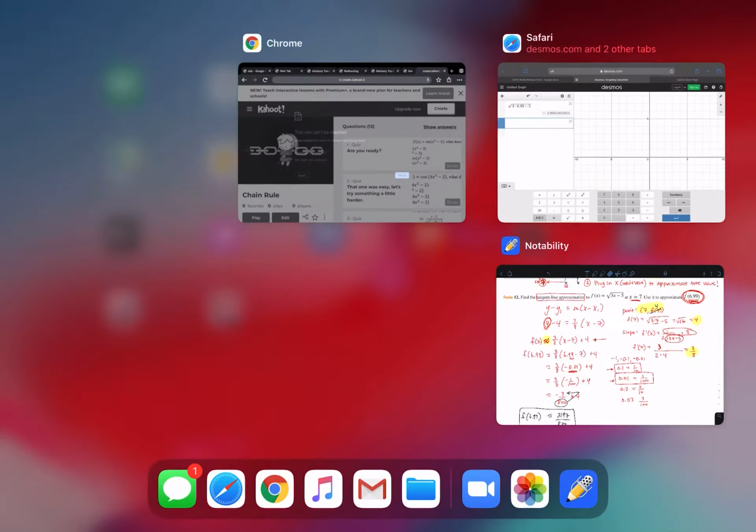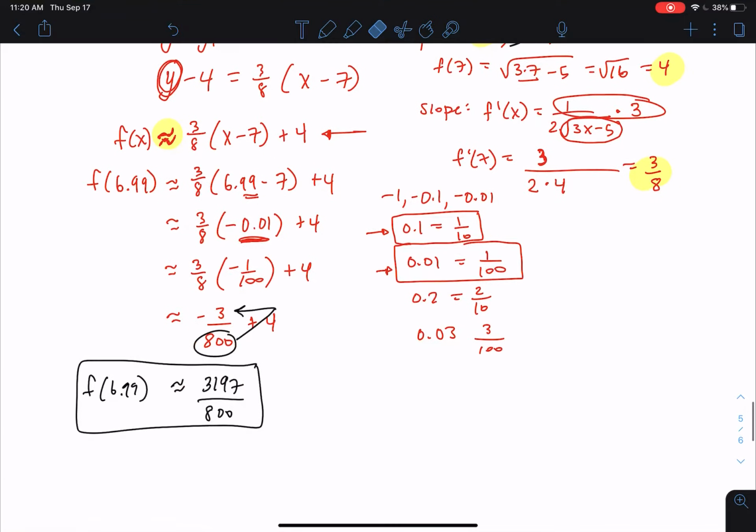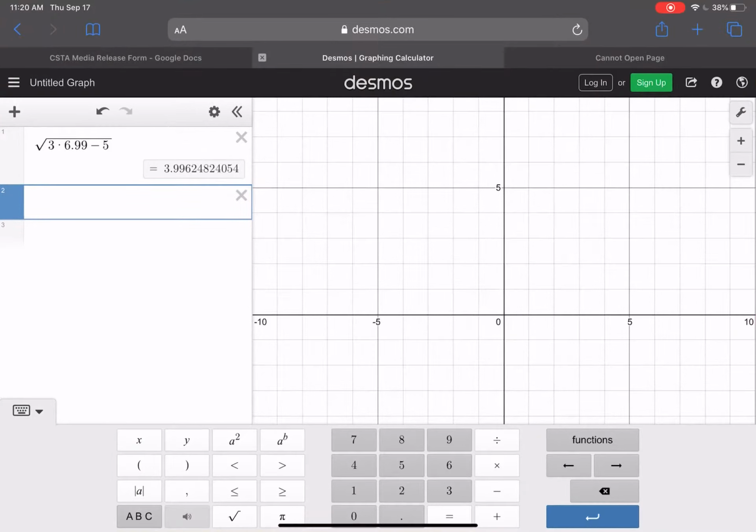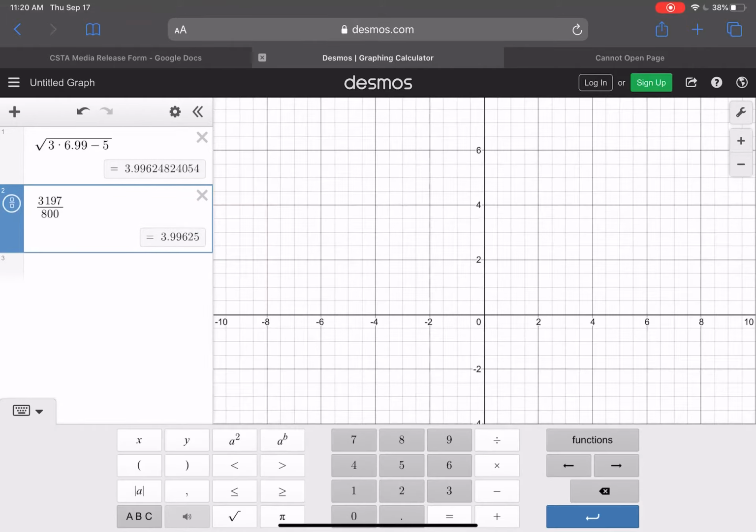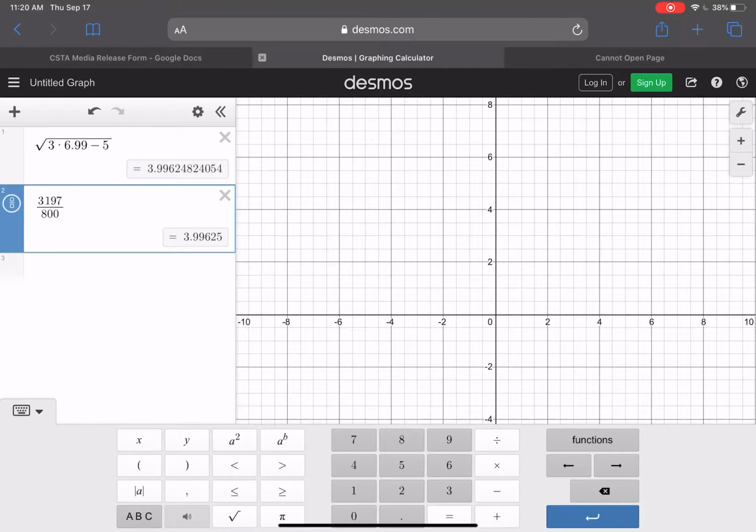Now let's see what our approximation was. 3197/800. 3197 divided by 800. Look at that. It's super close. We got 3.99625. The real answer is 3.99628, blah, blah, blah.